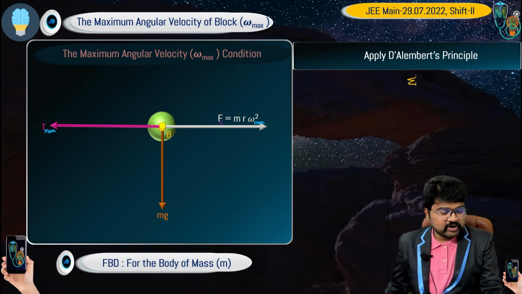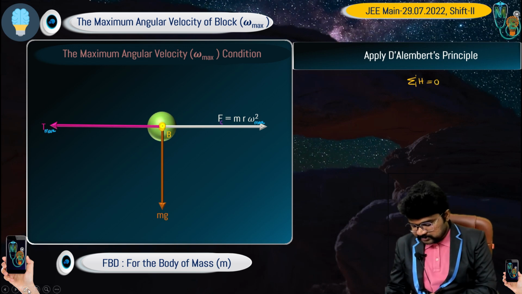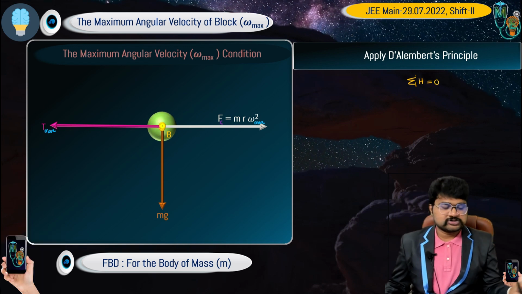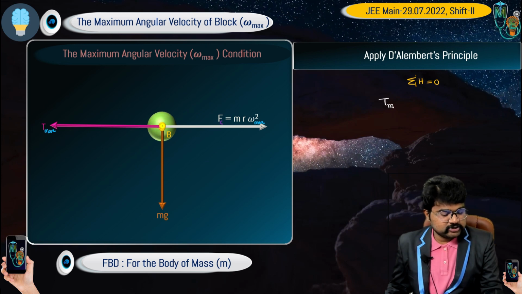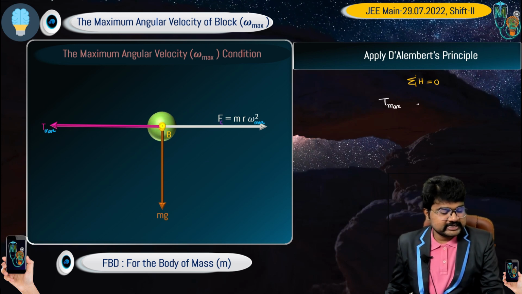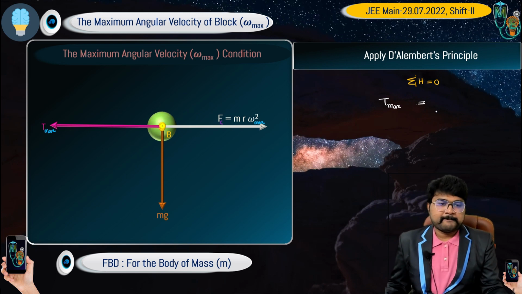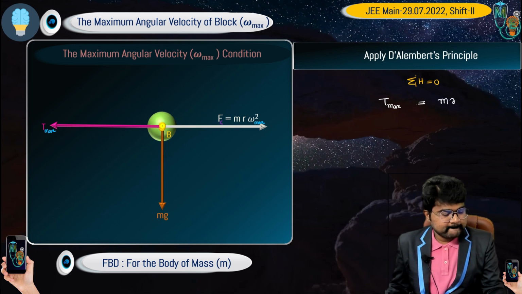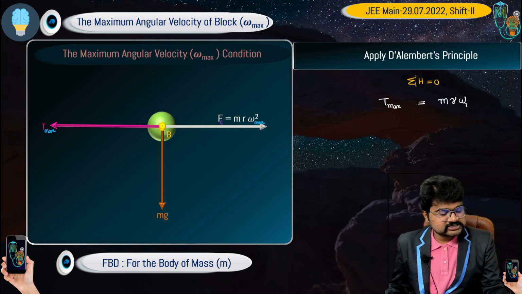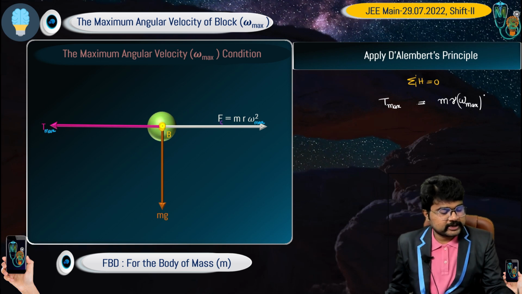Sigma H equals 0: the sum of the left forces equals the sum of the right forces. The maximum tension induced in the wire, at maximum angular velocity, is M R omega maximum whole square.